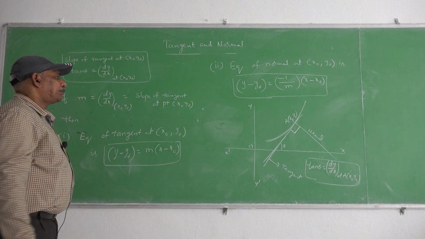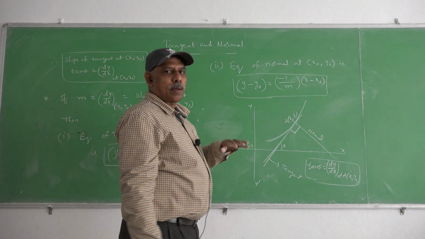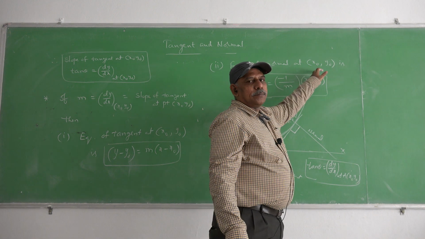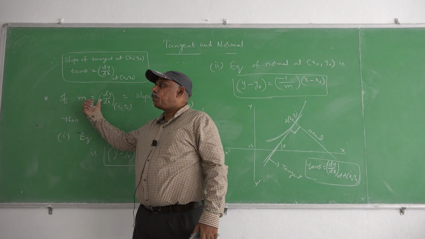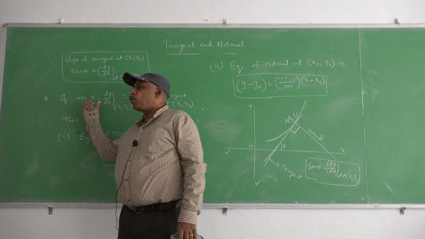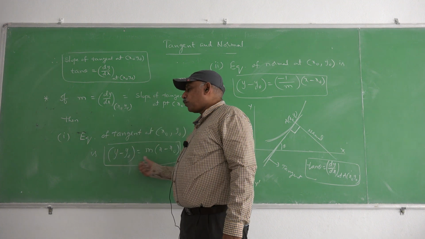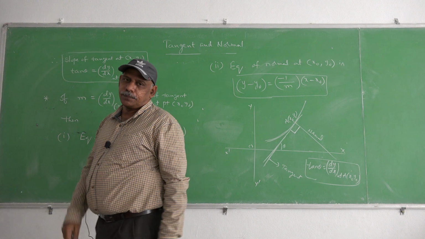So, once the equation of the curve is known to us and it is differentiable at a given point, then you can find the slope of the tangent at that particular point, and based on that slope and point, you can find the equation of tangent as well as equation of normal.